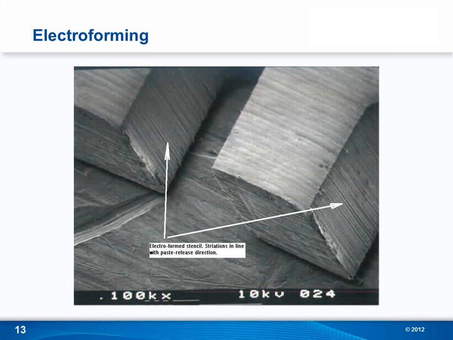The process uses chemicals, and personally I have never liked chemical processes, so I stayed away from that when I was running a laser. It requires tight process control. You have to meet all the rules and regulations when it comes to chemical processes and chemicals. You have to be able to get the proper chemicals and store them, and the biggest question is always, how do you get rid of the waste? So from my point of view, I didn't like electroforming.